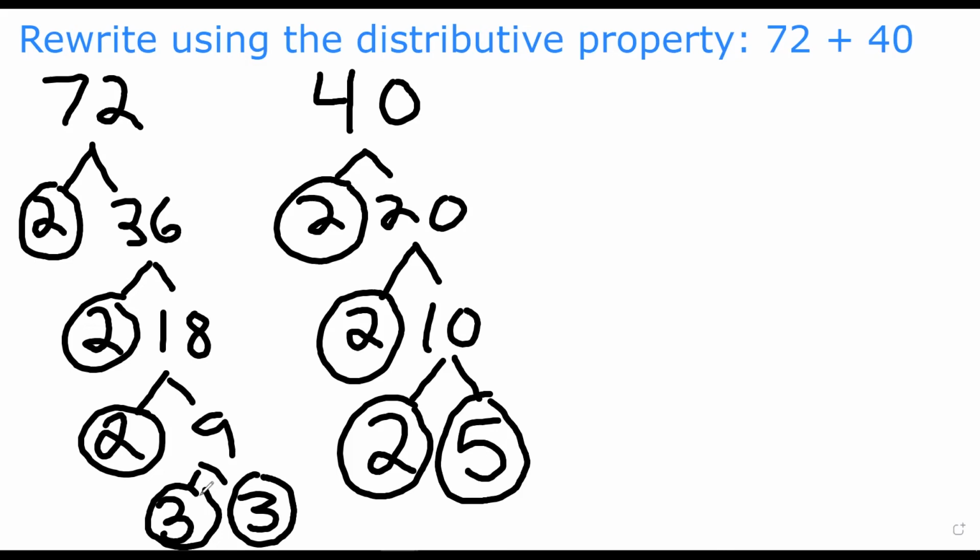Now let's see again which prime factors these two numbers have in common. On each side, we can see the number 2 here, so we can underline both of those. What else can we see? They have the number 2 in common again, so we can underline it once more.